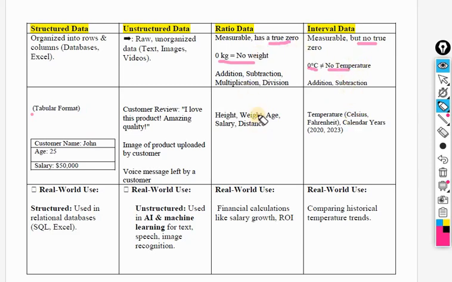Oh, sorry, I got confused. Only temperature, in Celsius and Fahrenheit, comes under the interval data.